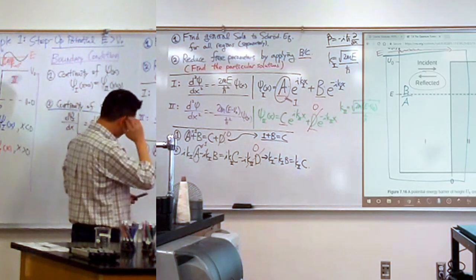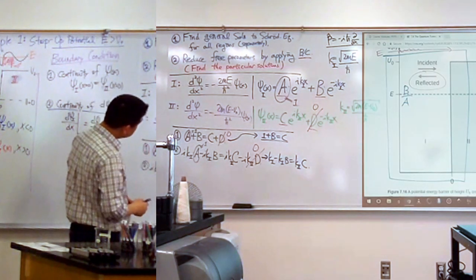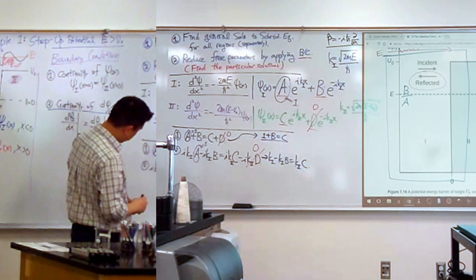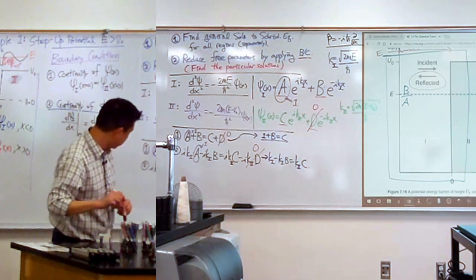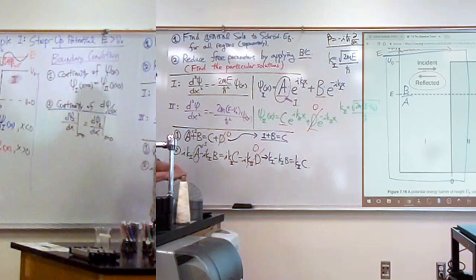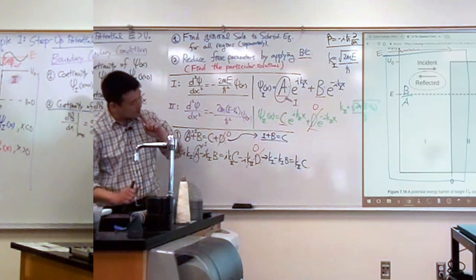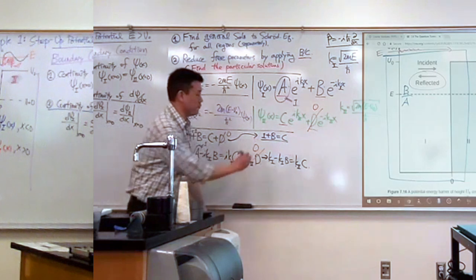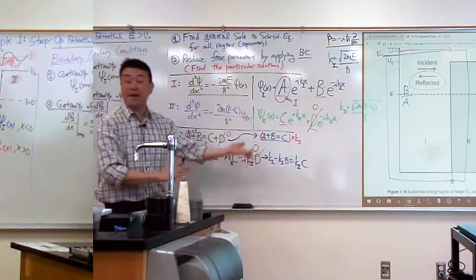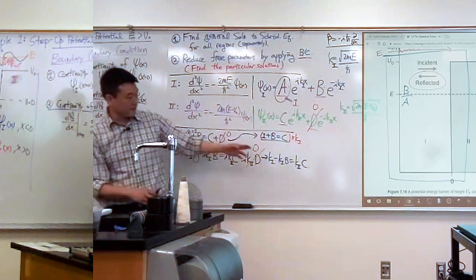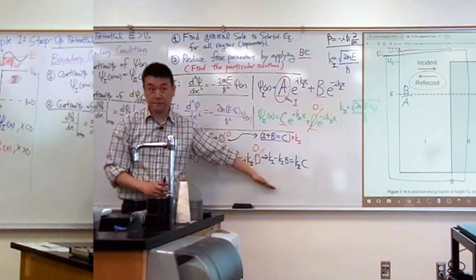All right, it's just simple algebra to go through. Let me try to reduce the number of steps because I'm running out of space here. I'm going to multiply this through by K1, or at least imagine that I do that. Because once I do that, I can do a linear combination.